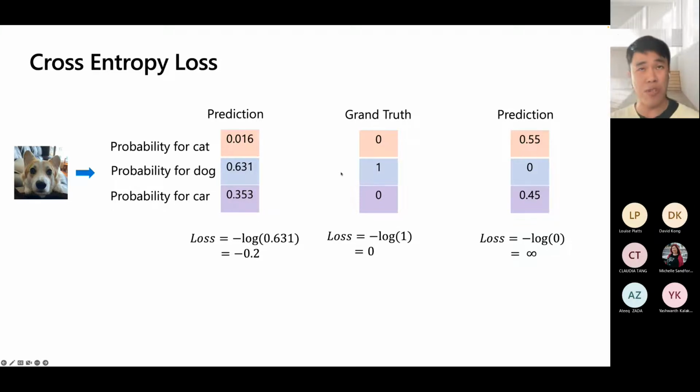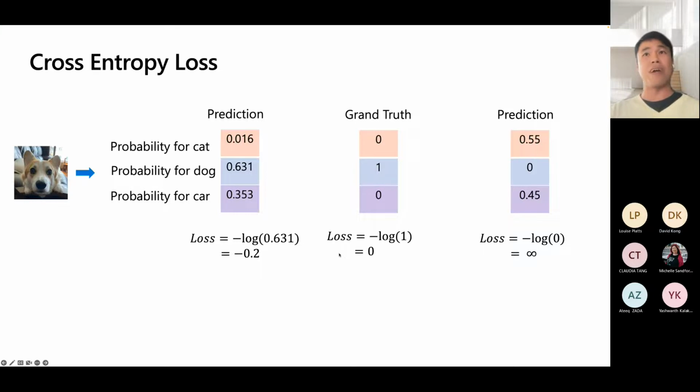Because the ground truth will be, we have to assign 1 here. That means we have assigned 100% for this dog, and that is the ground truth for us, right? If you take the log of 1, put up your calculators and input the numbers, you will get 0 loss from that.